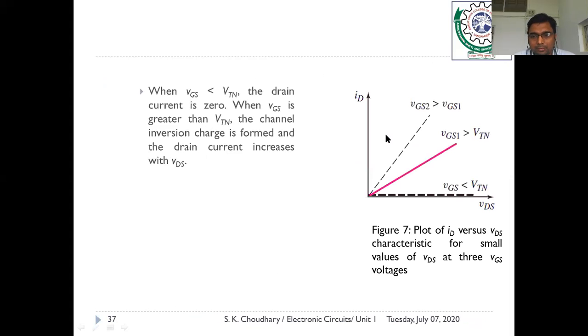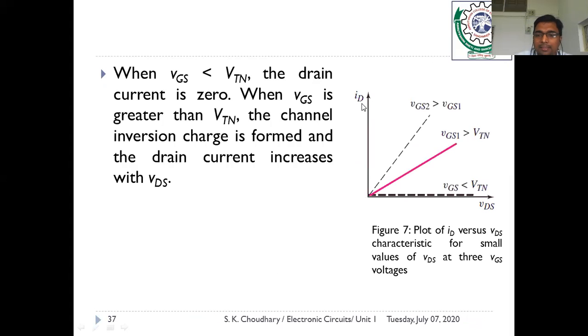Now we will see the plot of ID versus VDS. ID is always plotted on the y-axis, and VDS is always plotted on the x-axis. So how do we plot this graph?